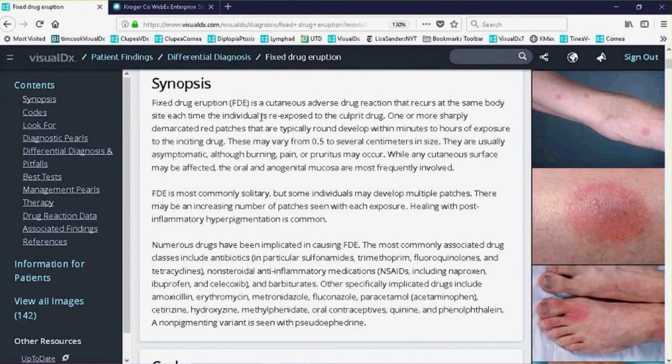The synopsis explains these are common cutaneous adverse drug reactions. They reoccur at the same body location every time you're re-exposed to the culprit drug. Common things happen commonly. These are triggered frequently by nonsteroidals. In any diagnosis that can be triggered by a medication, in VisualDx, in the table of contents, there's a drug reaction data link.